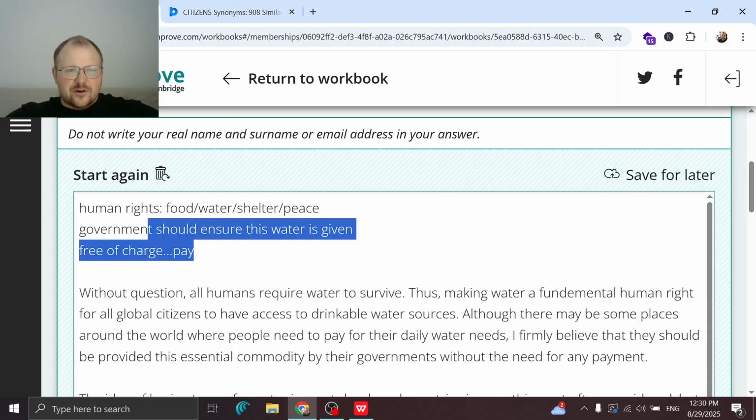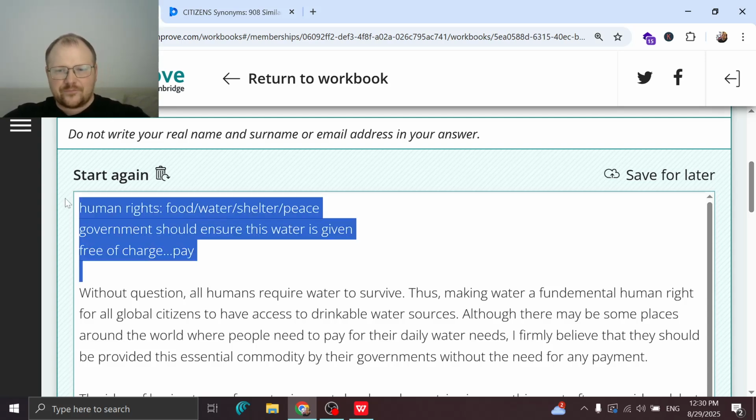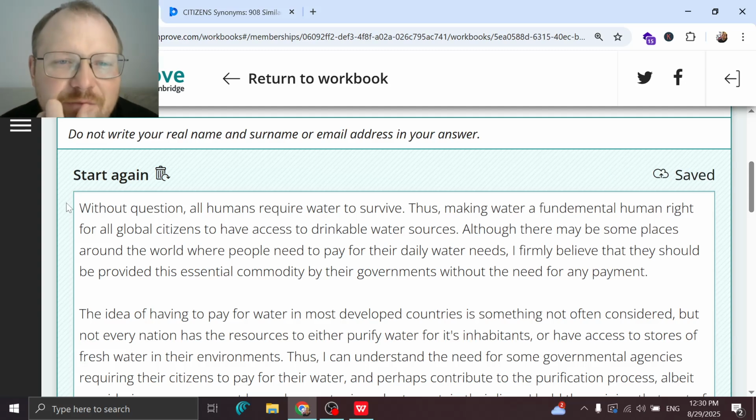Right? Ensure water is given free of charge. So I'm kind of mixing both of those up. All humans require water to survive, thus making water fundamentally.